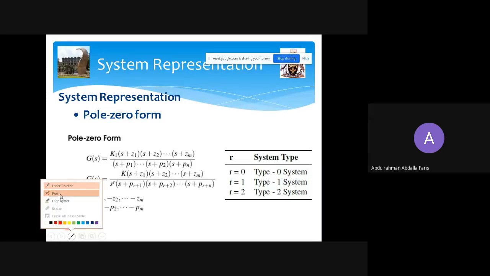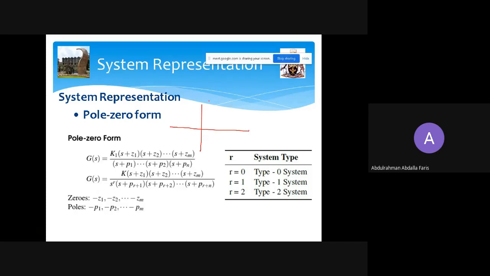For this notation of poles and zeros, let's say we have an s-plane. This is the imaginary part and this is the real part. When we say a pole, as we're seeing here, zeros and poles, we denote a pole by an x.